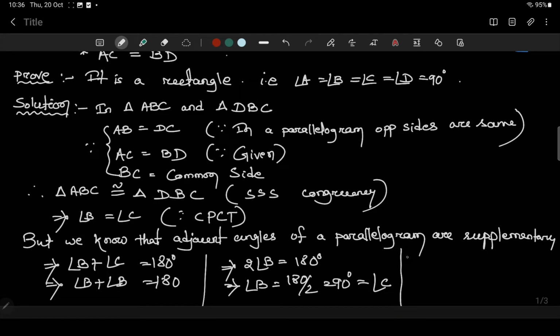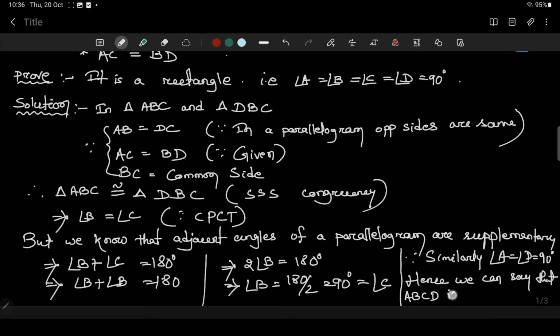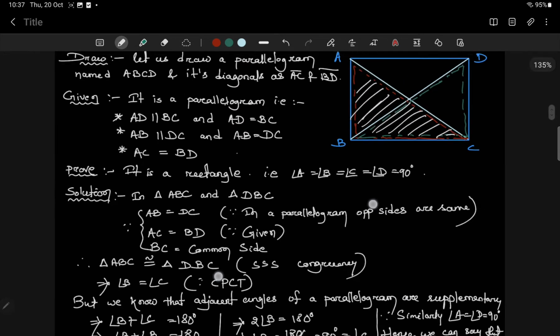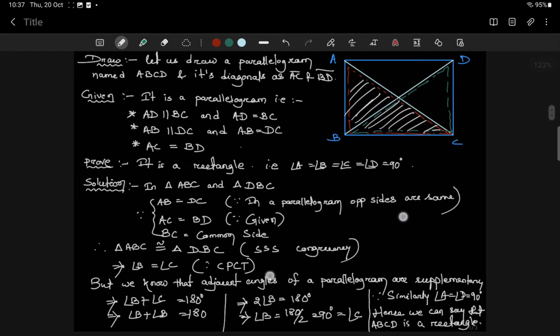So at the last you will write, similarly, angle A equals angle D, which equals 90 degrees. Hence we can say that ABCD is a rectangle. Proved. Understood this one? Okay, easy one.